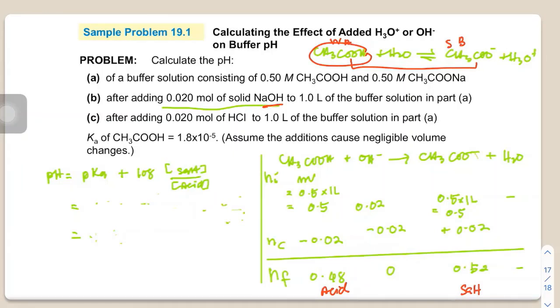Then for the concentration final, that is 0.48 divided by the volume, which is 1 liter. So the concentration is also the same as the number of mole. Same goes with the concentration final of the sodium acetate, which is 0.52 molar as well.